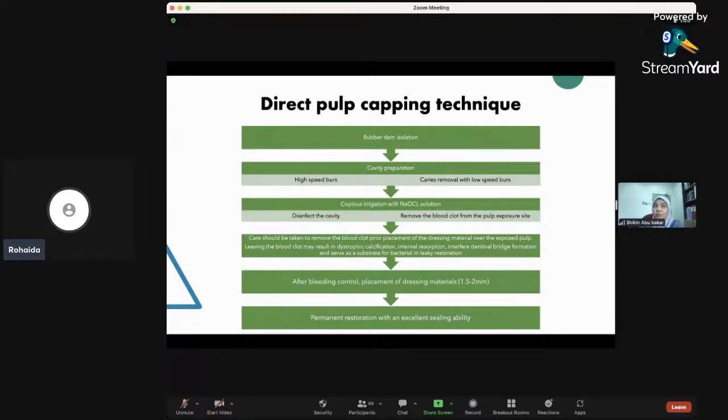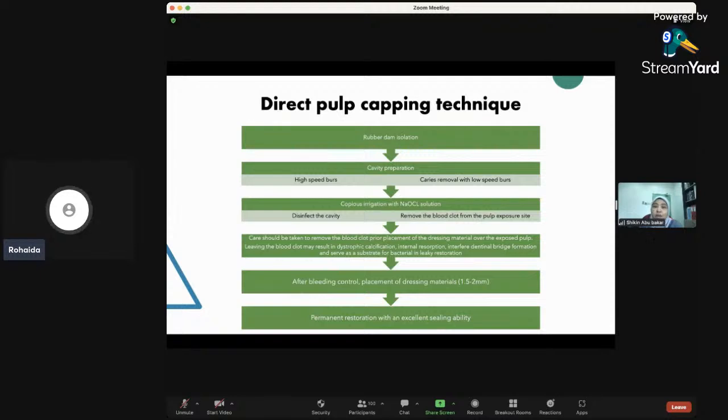Okay, here I'm not going to discuss the indirect pulp technique, because in the indirect pulp technique there are two different types that you can use, stepwise and also single visit. But for this discussion, I'm not going to touch on that.